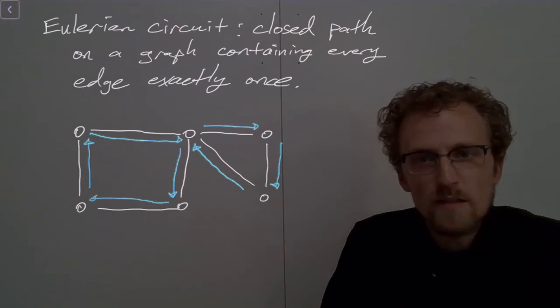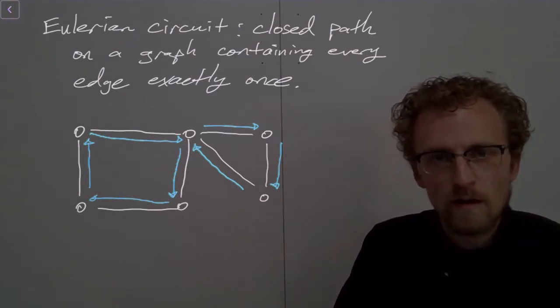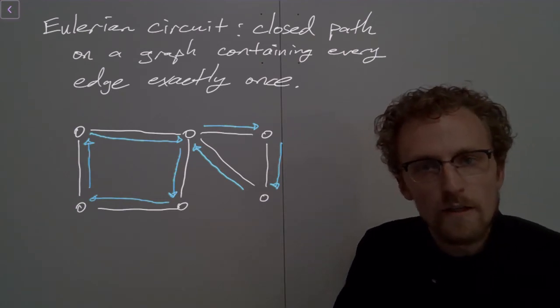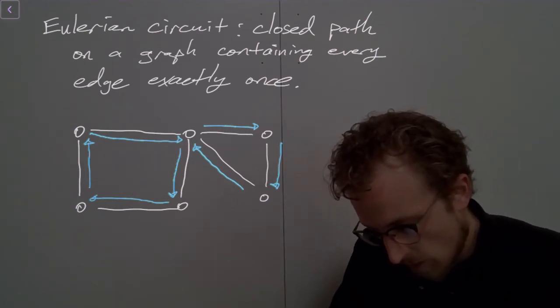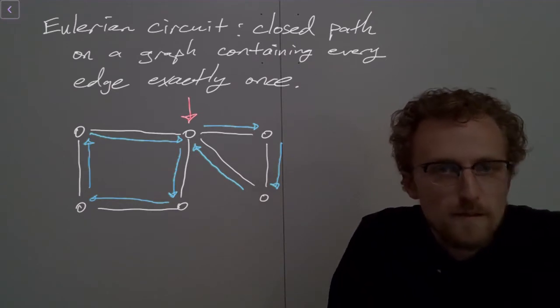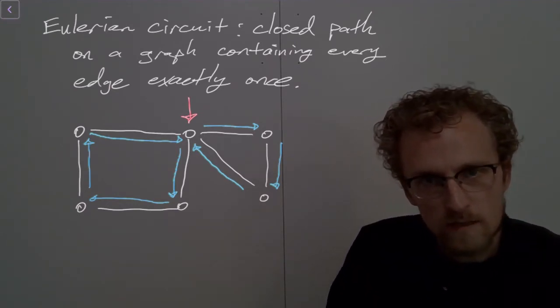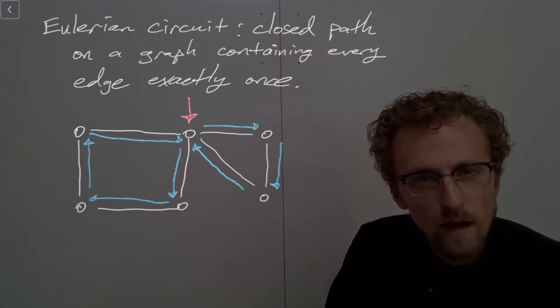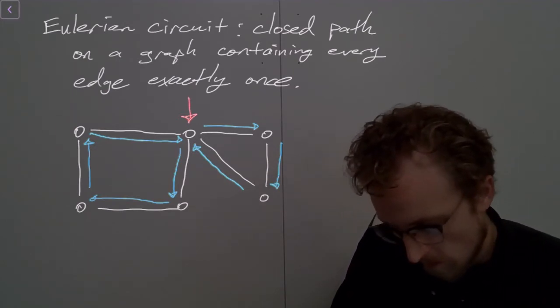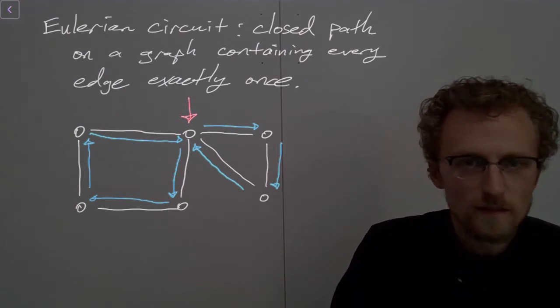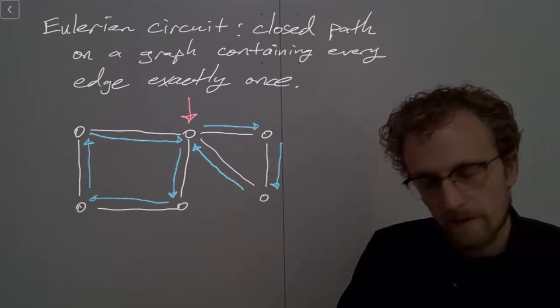The blue curve here is an example of an Eulerian circuit. Now notice that the Eulerian circuit visits this node more than once, right? An Eulerian circuit is only required to use each edge exactly once, but it's allowed to visit a node more than once. And so this node gets visited more than once in this Eulerian circuit, and that doesn't disqualify it from being an Eulerian circuit.